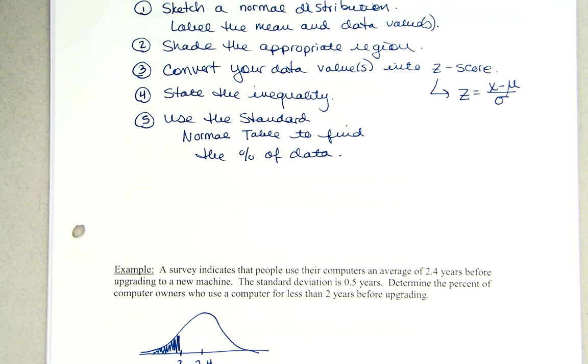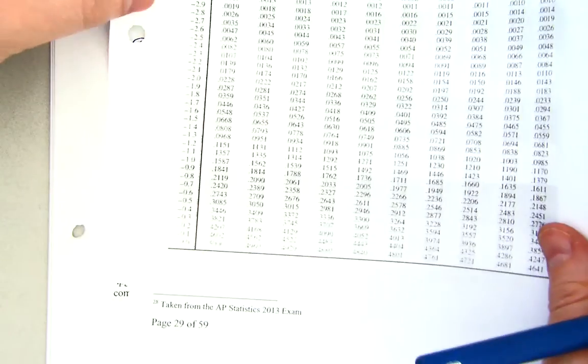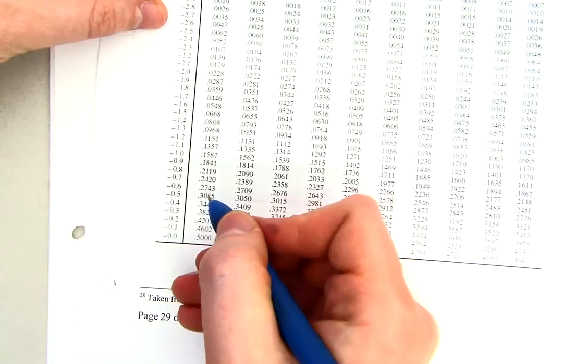So I just need to find a table over here. I need to find the percent of data whose z-score is less than negative 0.8. Well, I'm going to go look at my table.